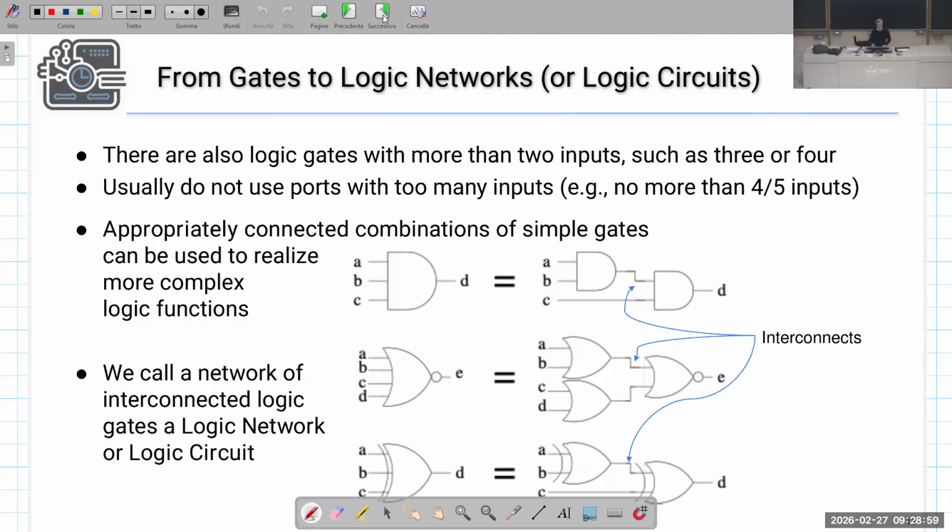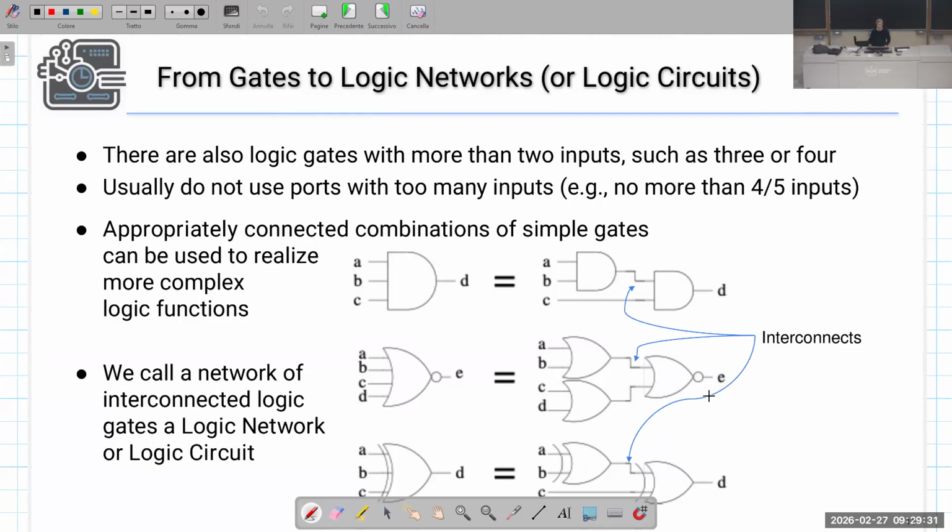We can interconnect them together to create logic networks that can be combinational, if we have just combinational gates interconnected with each other, in which there is no connection from the output of a gate to the input of the same gate, direct or indirect.